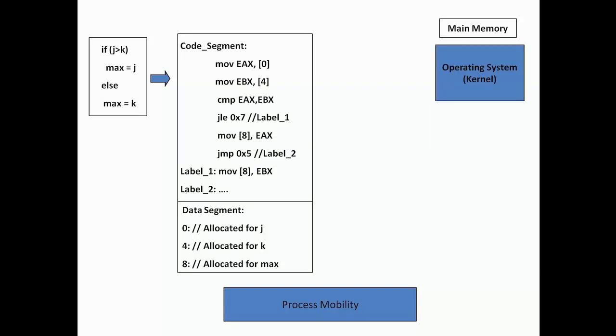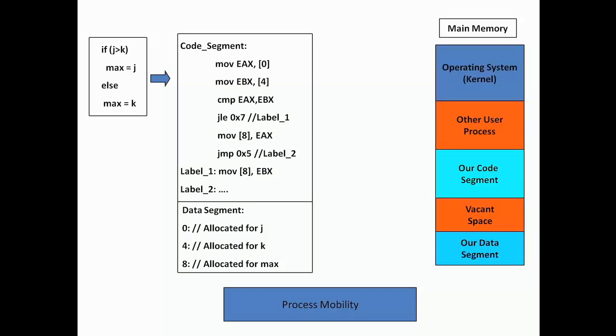Now, this is ease of programming, right, otherwise the compiler cannot do anything about it, and specifically in a multi-user operating system it has to be independent of the location. Now, let us go and see process mobility.